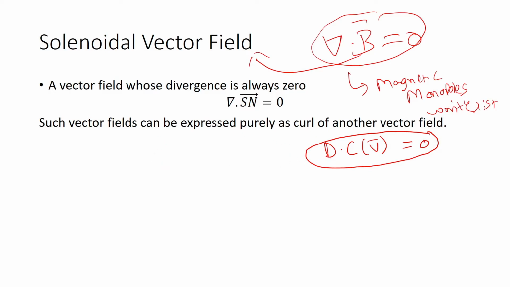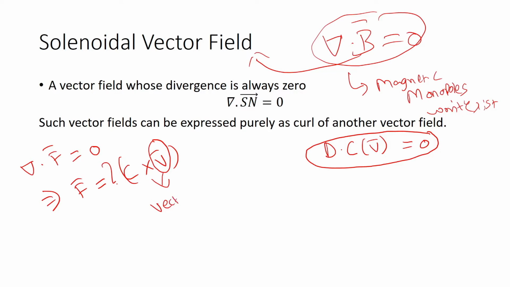If you have a vector field whose divergence is always 0, this vector field must have been a curl of another vector field. This vector field would be the vector potential of the first vector field.